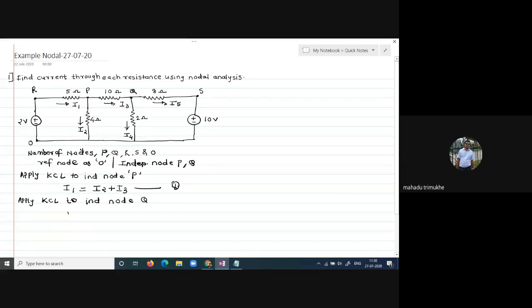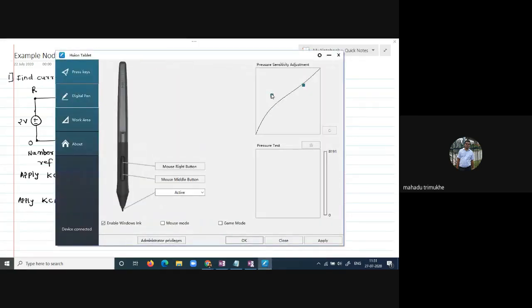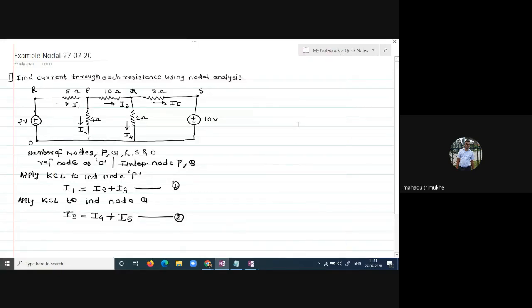Again, we see the incoming current and outgoing current, that is I3 is equal to I4 plus I5. That is equation number 2, right?